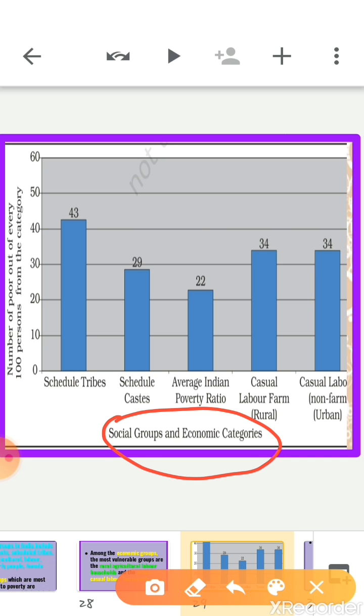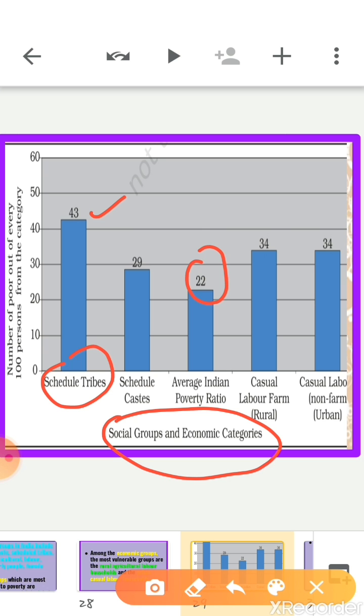The average for people below the poverty line for all groups in India is 22, as shown in this graph. 43 out of 100 people belonging to the ST, that means scheduled tribes, are not able to meet their basic needs.